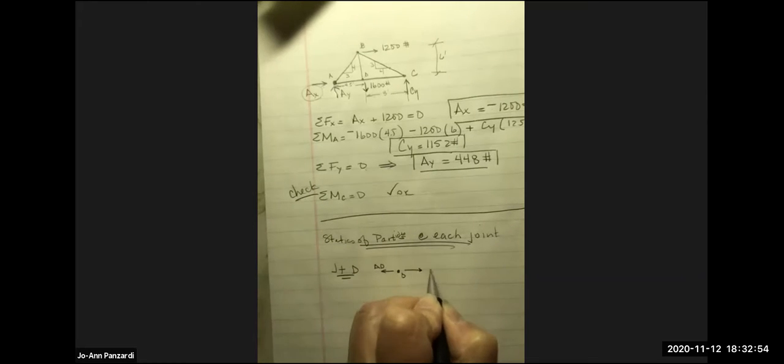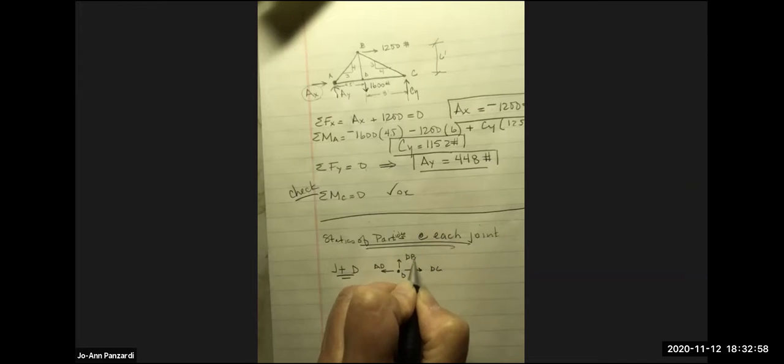Okay. For D, we have AD going that way because we always draw them in tension. This is DC, this is DB, and this one is 1600. What is DB going to be equal to, Angel? That's a 0 member, isn't it?